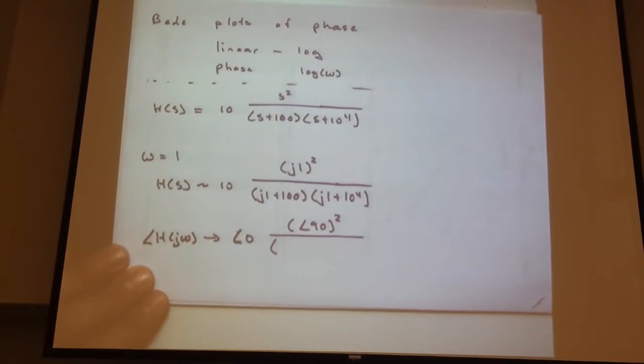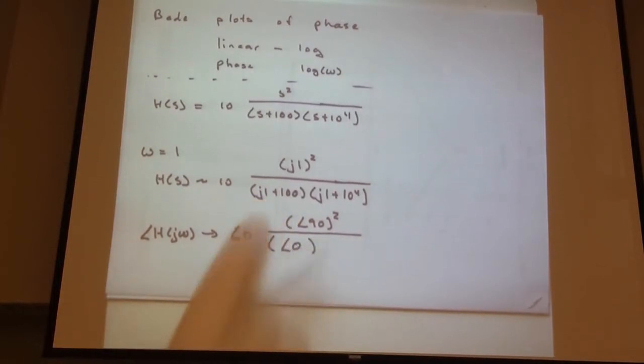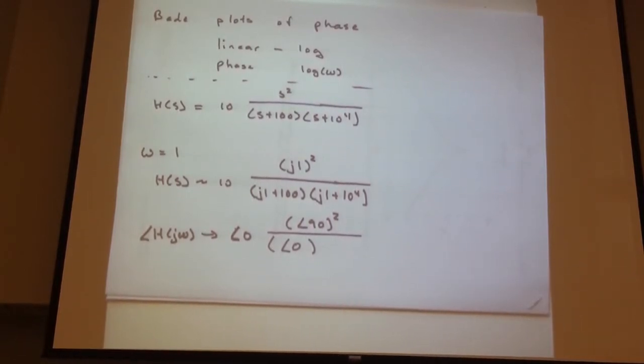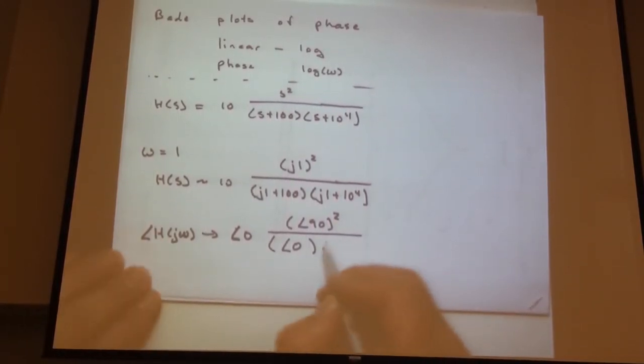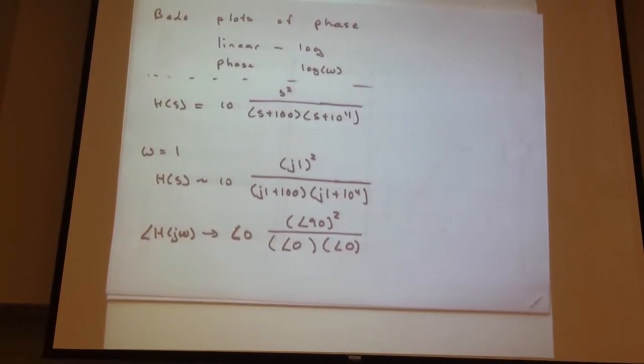Well, approximately, it's about angle 0. The 100, the real part, is much larger than the imaginary part. In that case, angle of approximately 0. And then angle 0. Well, this is angle 90 squared, but that's multiplication.